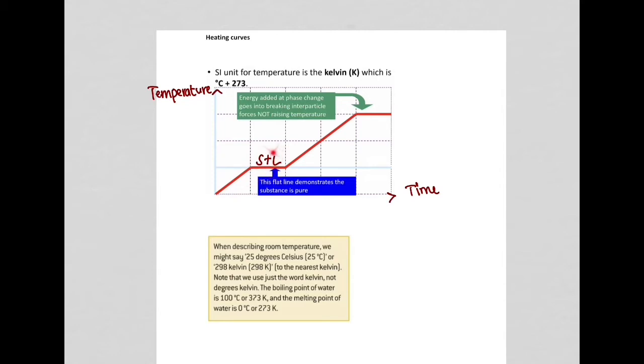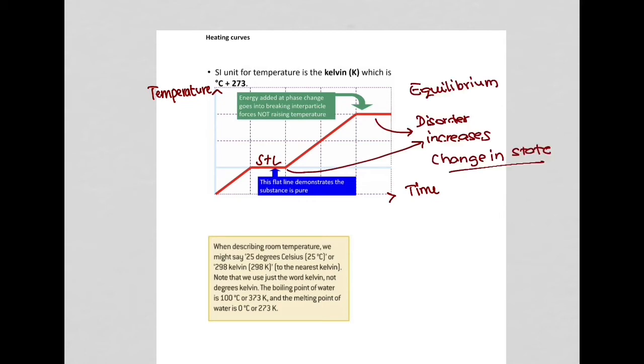The energy being supplied is used to disrupt the lattice and the particles become more free to move, and here we see that the disorder is increasing. So you're going to have a mixture of two states at this point of equilibrium here. And at this point, all the solid has melted. So you have just the liquid.